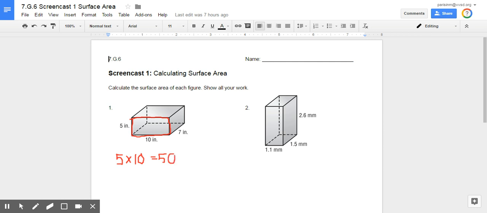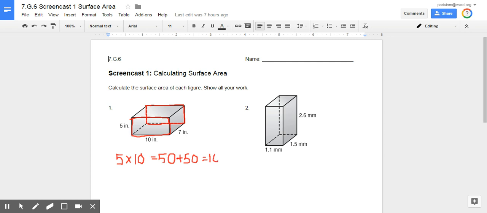When we're dealing with a rectangular prism, we know that the front rectangle is going to be the same exact area as this back rectangle. So since the front is 50 inches squared, we know the back side is another 50 inches squared, so we can add another 50, or do 50 times 2.